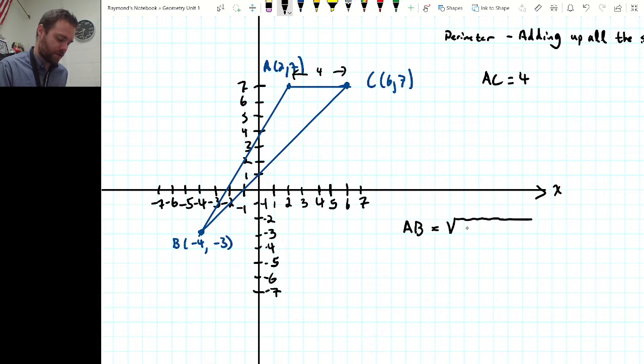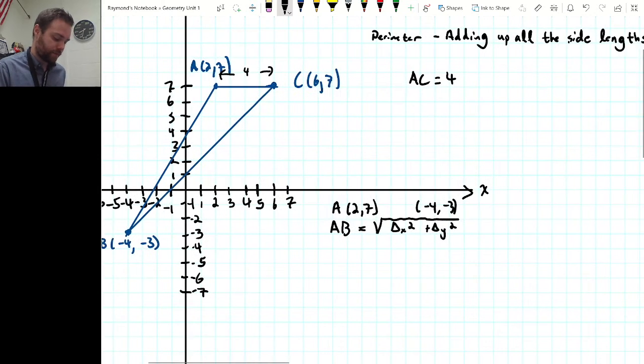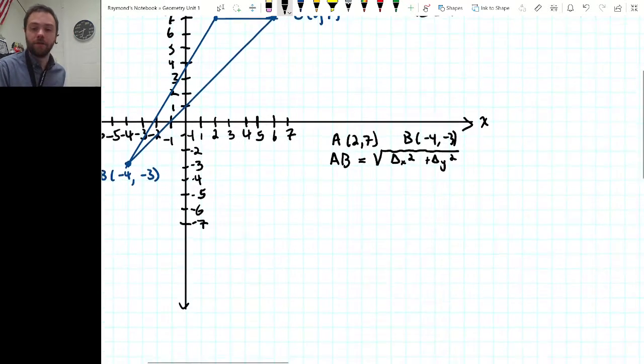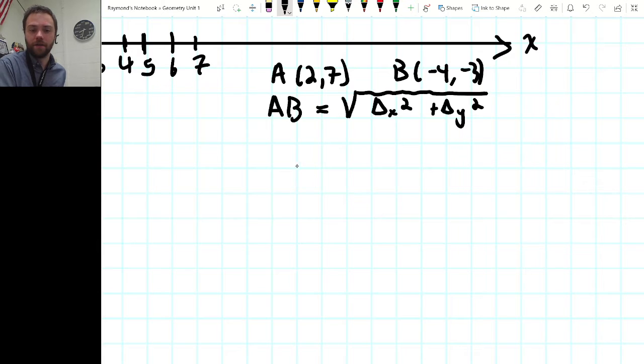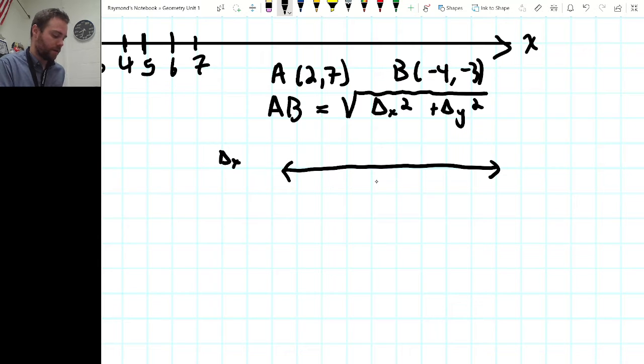So AB is going to be the square root of delta x squared plus delta y squared from the two coordinates we have. So that's 2, 7, which is point A, and B is -4, -3. So I'm going to put those x values on the same number line to find delta x. I'm going to put 0 here.